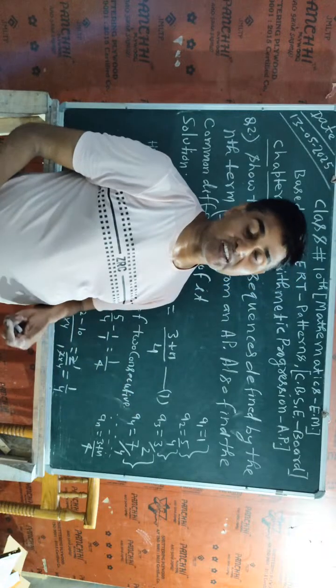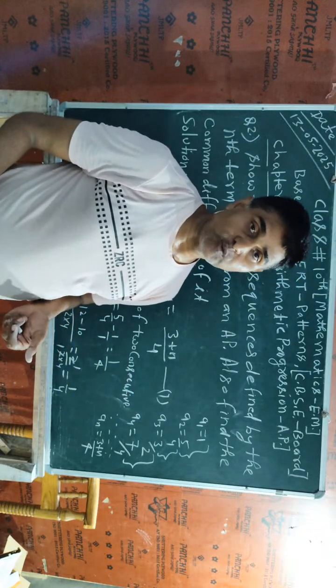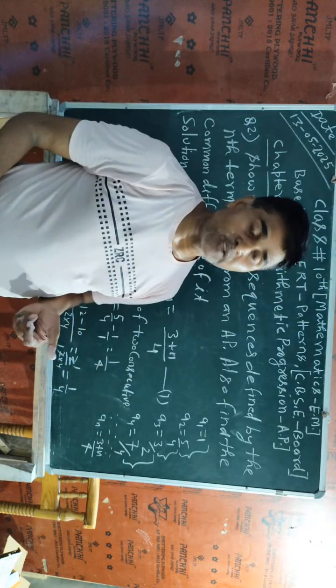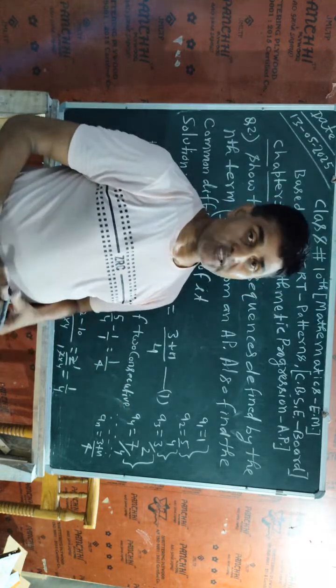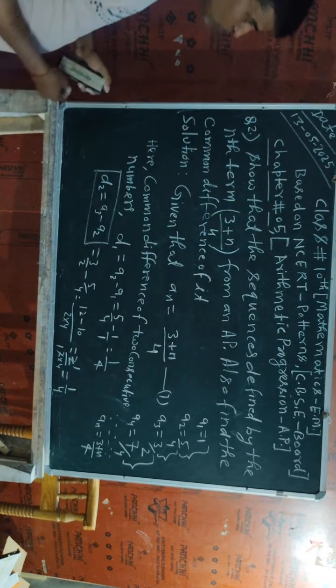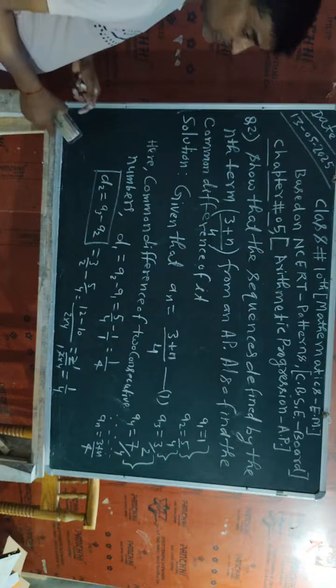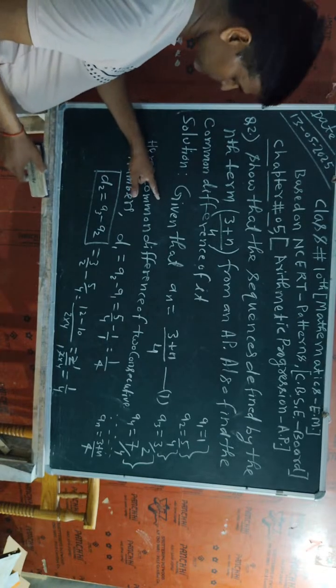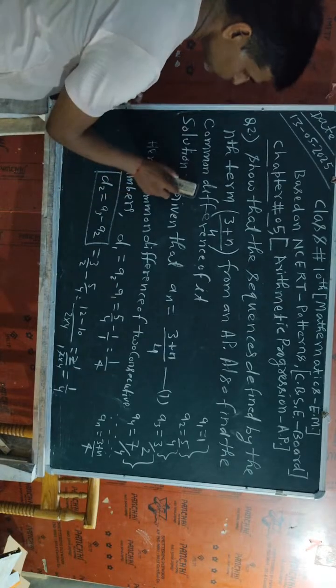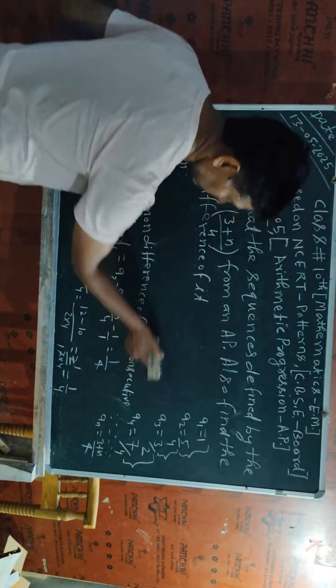So I will subtract second term minus first term. That will be the constant common difference, and that common difference is called a fixed number. Okay student, now I have to calculate D3. Now I am going to erase the table information because I have to calculate the value of D3 also.